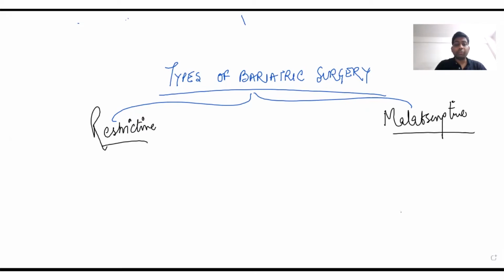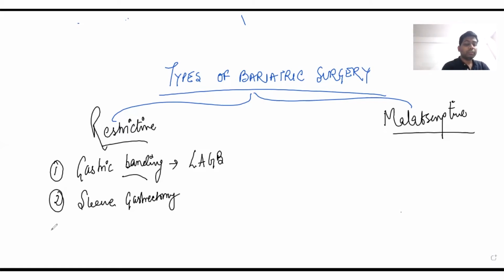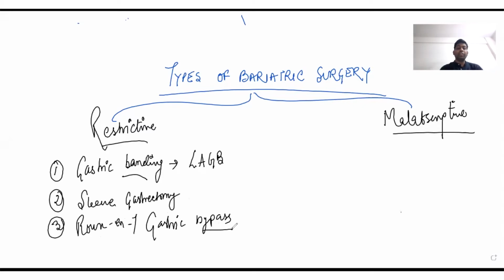Let us see few types of restrictive surgeries. Number one, it is gastric banding. It is mainly done laparoscopically and it is known as lap adjustable gastric banding. The second one is sleeve gastrectomy. We are going to see each of them in detail. The third one is Roux-en-Y gastric bypass. Though Roux-en-Y gastric bypass we are keeping in the restrictive type, it has some malabsorptive function as well.